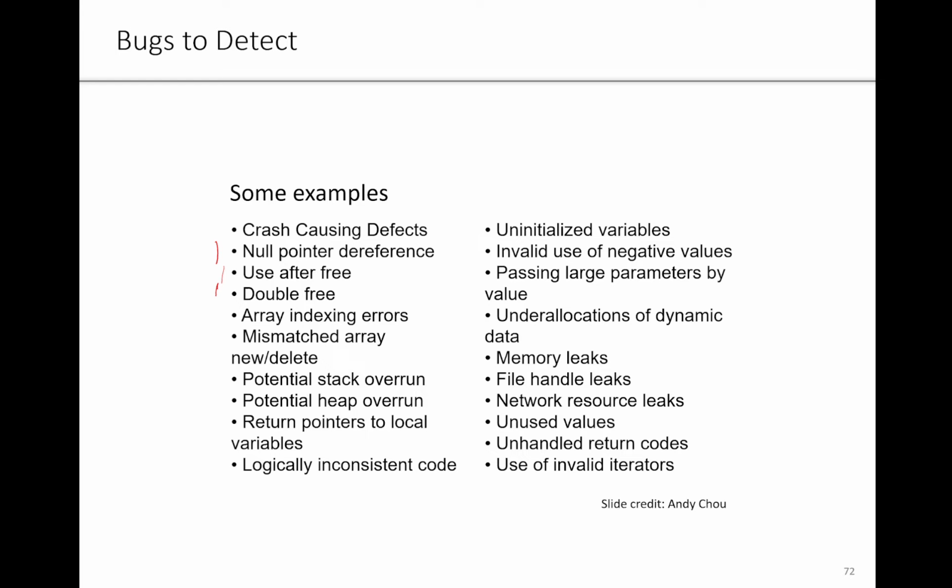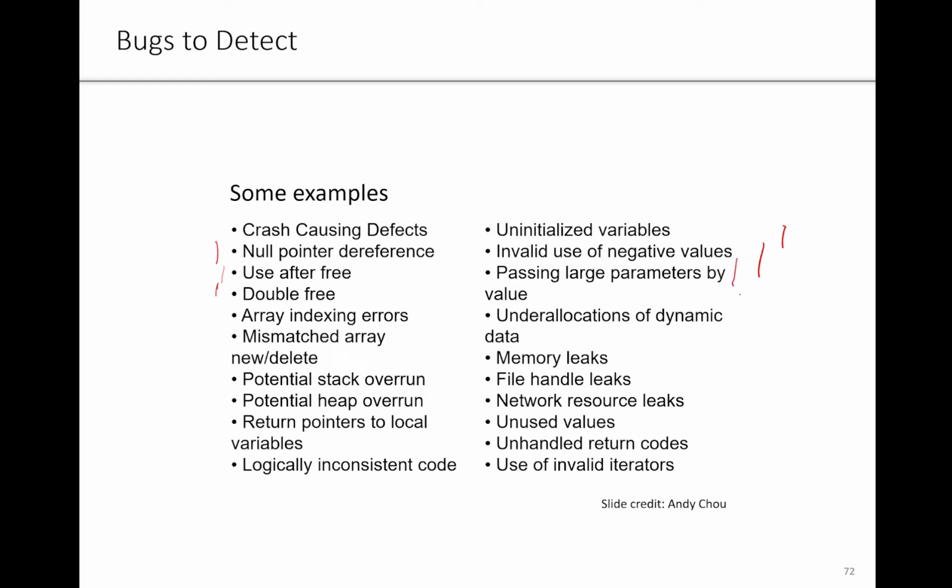Or the return pointer in your function is modifiable by the code itself. That should also not be happening. Uninitialized variables, which I also get several times in Python when I'm using it. Invalid use of negative numbers. These are all elements that you are also aware of can happen.